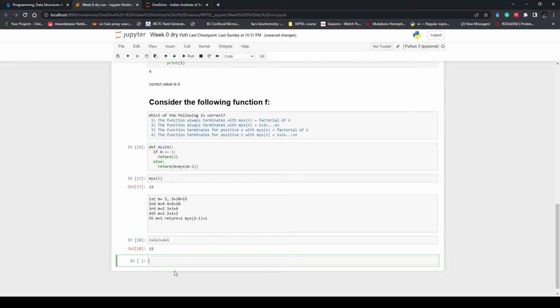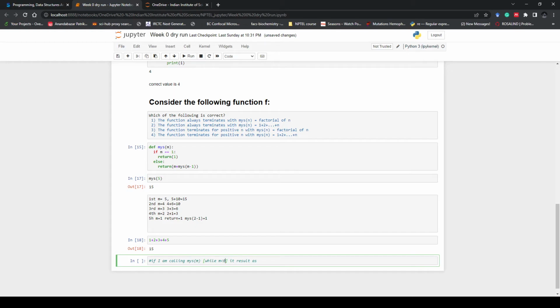So the function, if I am calling mys of m, there is a catch here, while m is greater than 0.